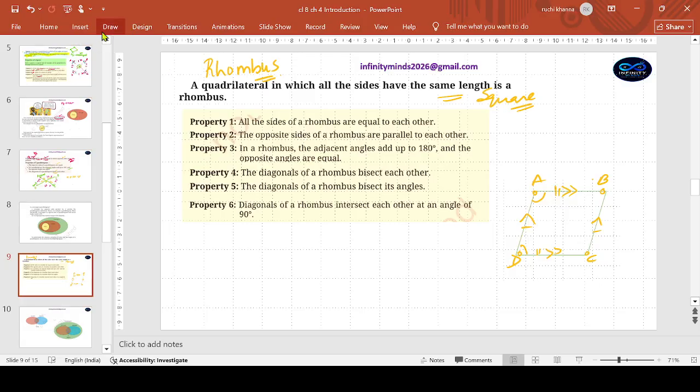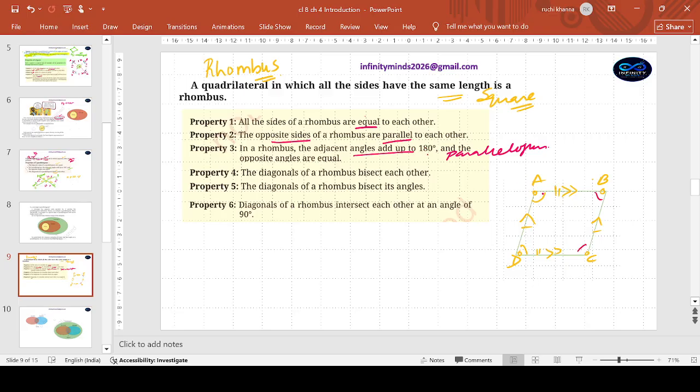Let's just go through the properties once. Property number 1: all sides of a rhombus are equal. Clear. Opposite sides are parallel. In a rhombus, adjacent angles add up to 180 degrees. Same as that parallelogram property. Remember? Adjacents, again, A plus B, B plus C, C plus D and D plus A. Acute obtuse combination.